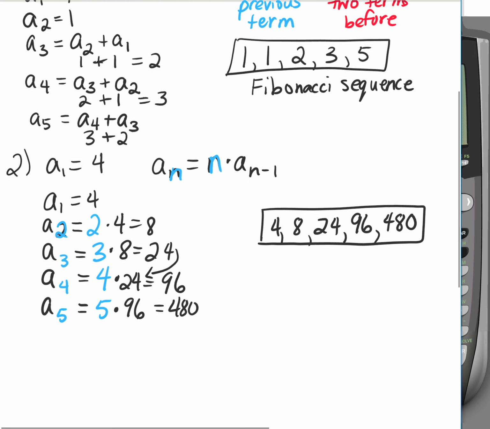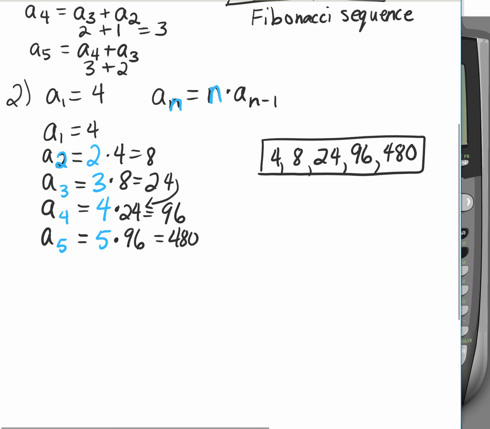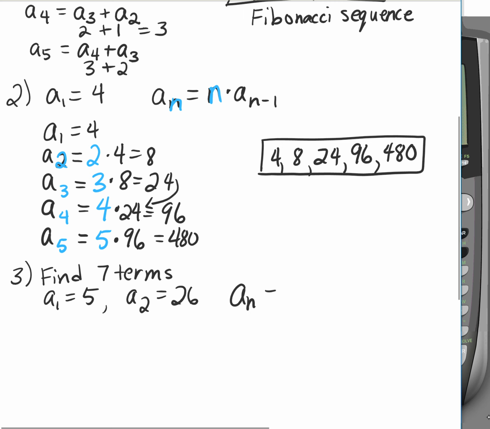Now for the next one, just so that we can see a pattern, I'm going to go with 7 terms. But for the rest, we'll still stick with the 5. So a1 is equal to 5. a2 is equal to 26. And then we'll do a sub n is equal to a sub n minus 1, meaning the previous term, minus a sub n minus 2, so the term that's 2 before.